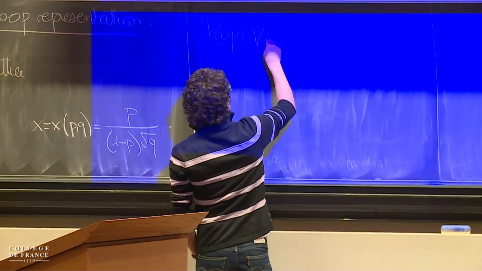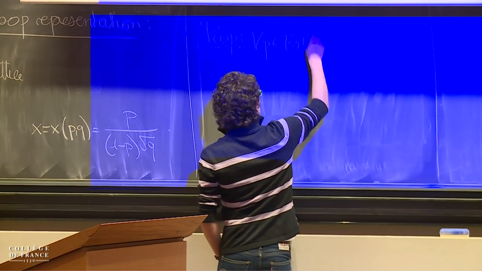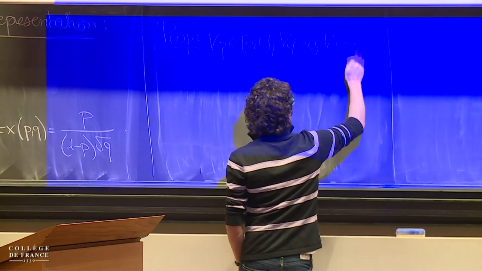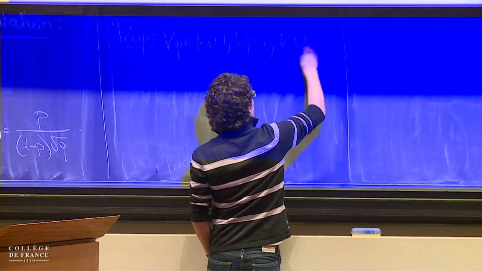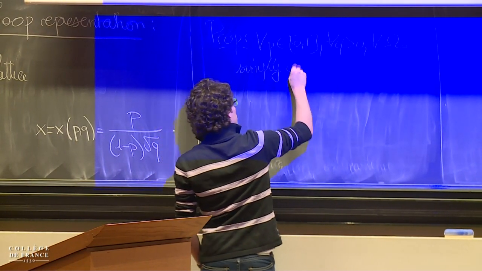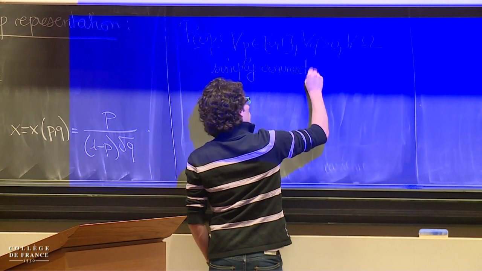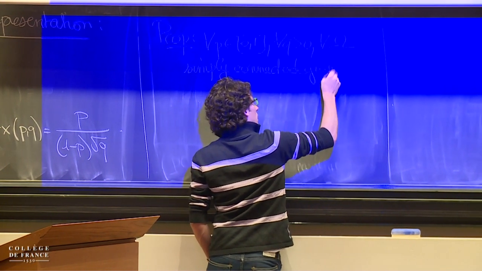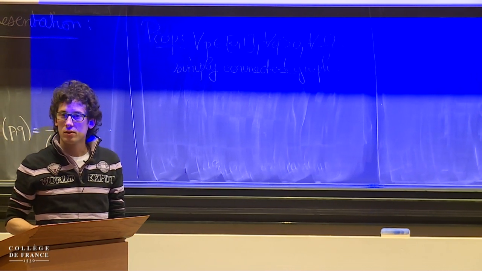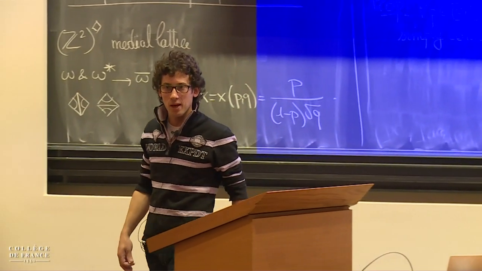For every p in (0,1), every q positive, and every g, let's take omega a simply connected graph. What do I mean by that? It's a finite graph which is connected and whose complement is connected, so there are no holes in my graph.